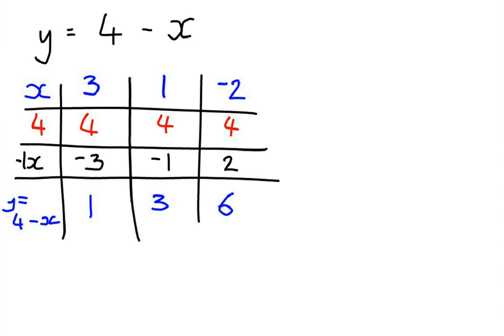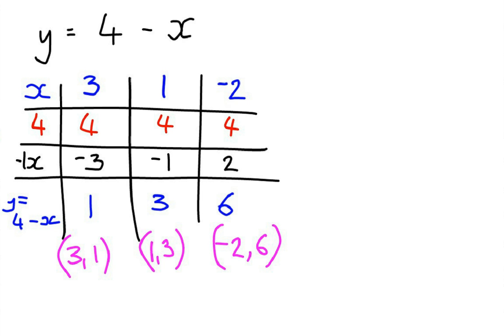And once again, these all form coordinates for us. So our x-coordinate is 3 and our y-coordinate is 1. Our x-coordinate here is 1 and our y-coordinate is 3. And finally here, negative 2 is our x-coordinate and our y-coordinate is 6.